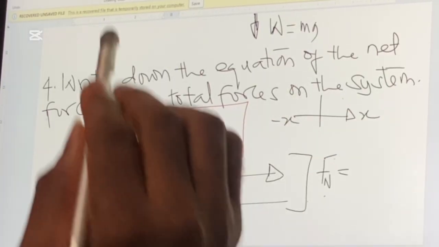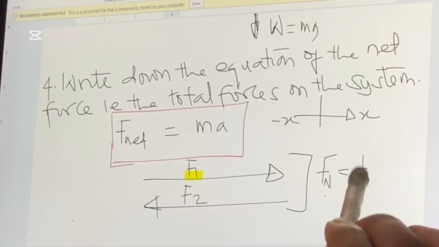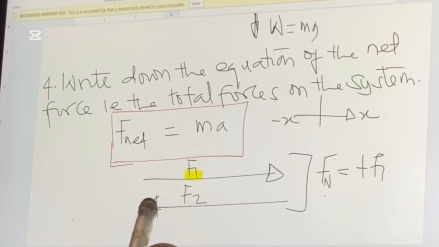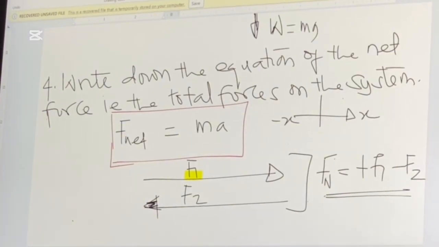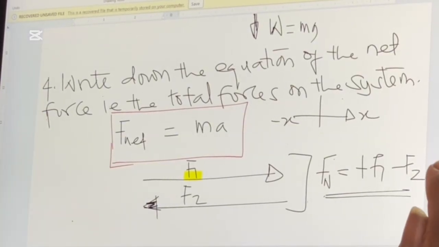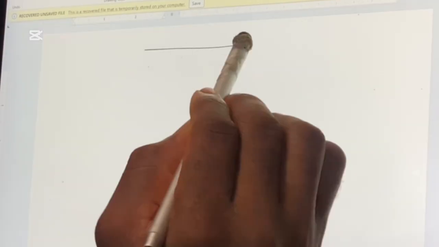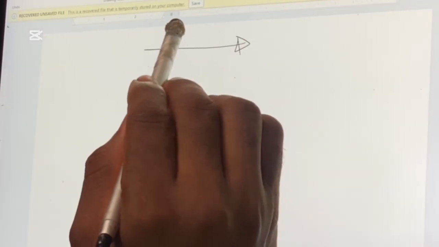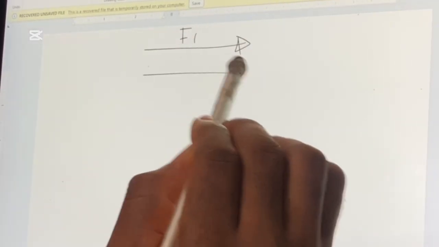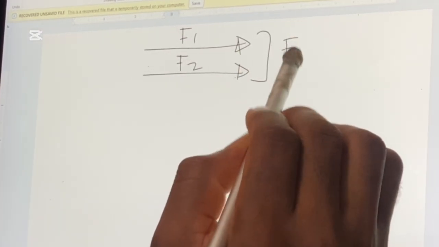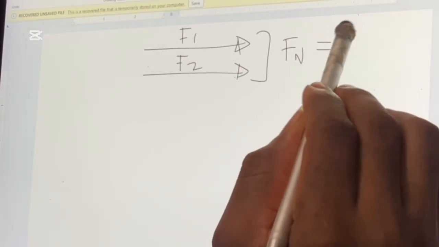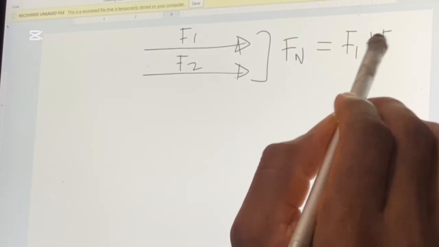So this is going to be plus F1. Now this one here is going in the negative direction, so this will be minus F2. So this is our net force here. But if I have this force F1 and this force F2 going in the same direction, the total force F net will be equal to F1 plus F2.